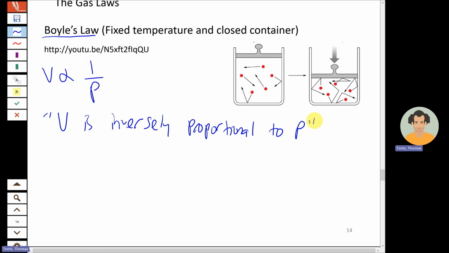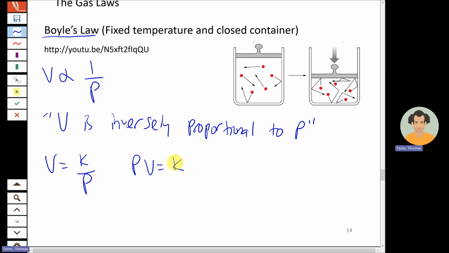As we talked about when introducing the equation for heat, if we have two things that are proportional to each other, we can get to an equal sign by putting a constant on one side. Now this constant is pretty useless because there is no universal constant that relates pressure and volume. But we can rearrange this and write that the product of pressure and volume is constant. It does depend on other things like the identity of the gas and the temperature.